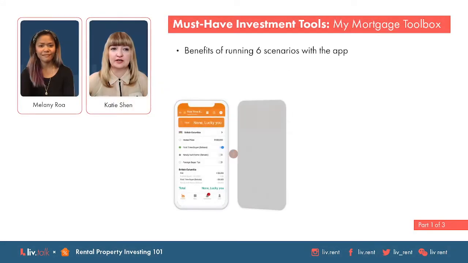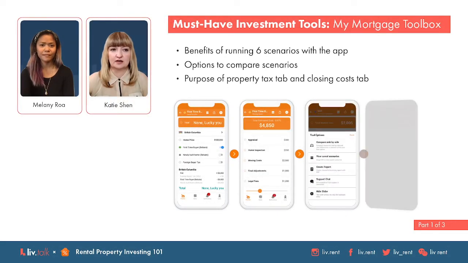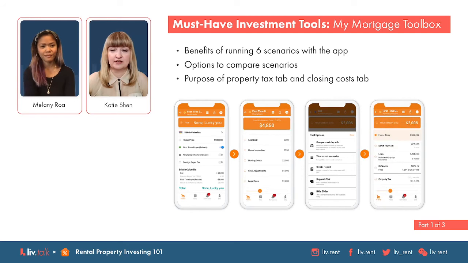Absolutely. So let's go to the fourth and final part of our webinar, the must-have investment tools. Katie, can you tell us a bit about your app? Yes, as we see in the poll results, with financial barriers it always makes sense to filter that down and understand what it speaks to.